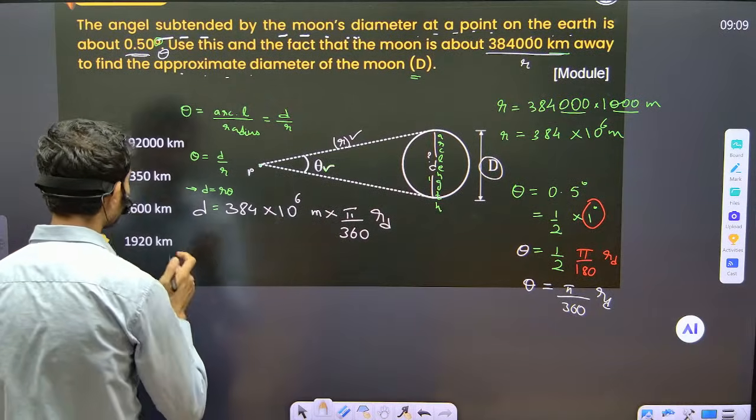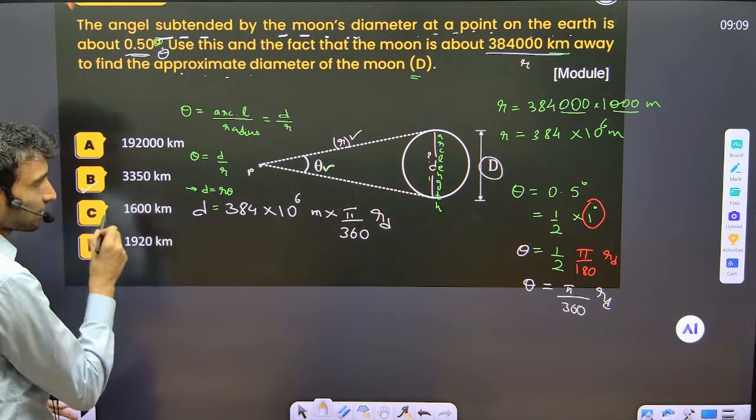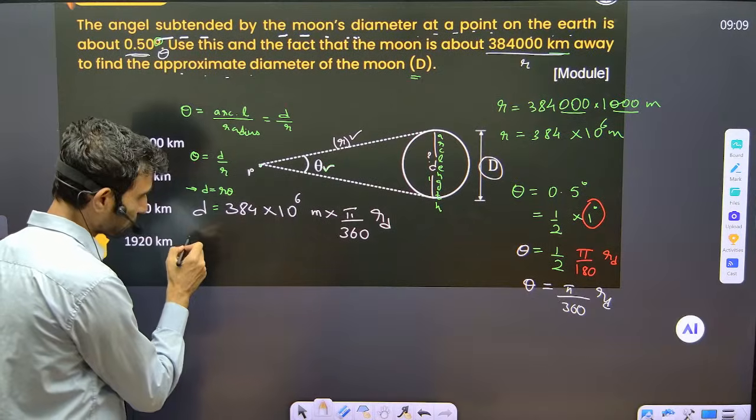So if you do the calculations, you will get the B option, right? And now I'll do the crude calculation.